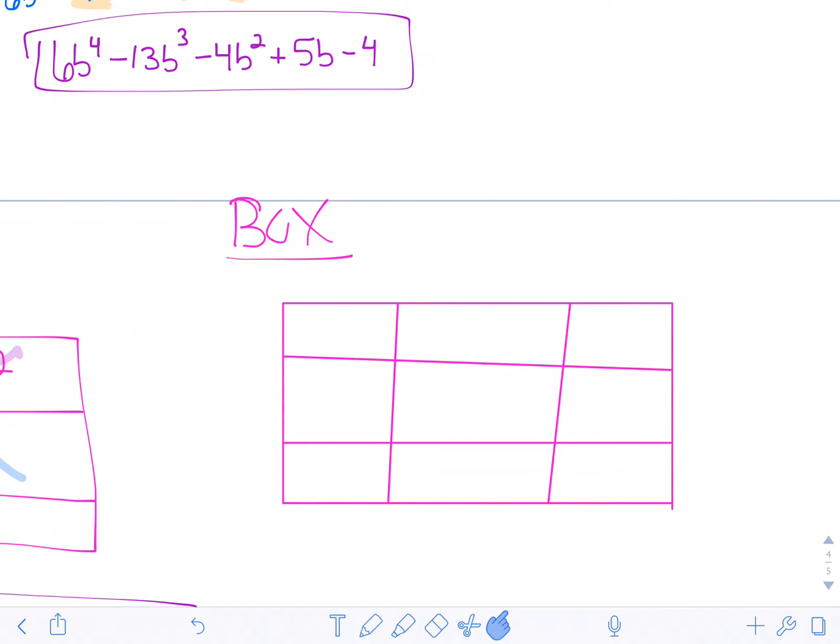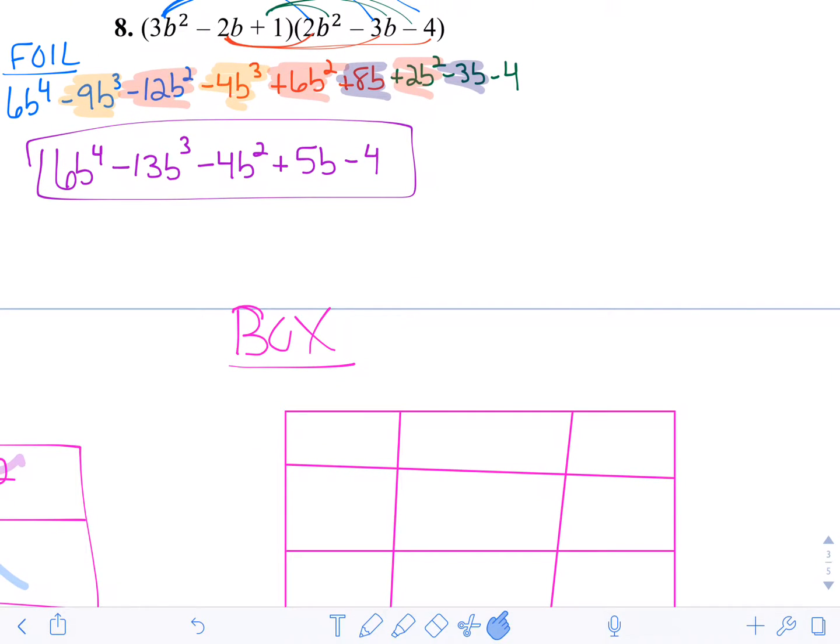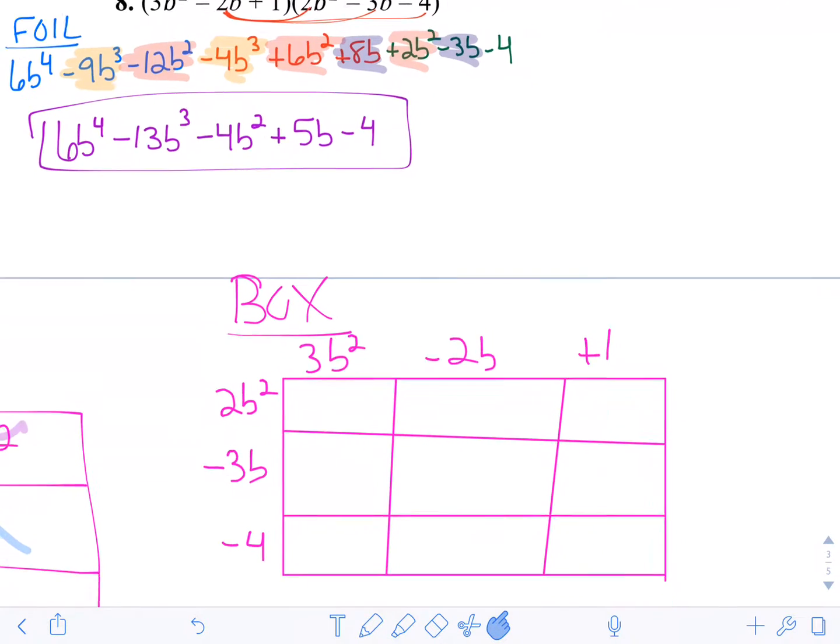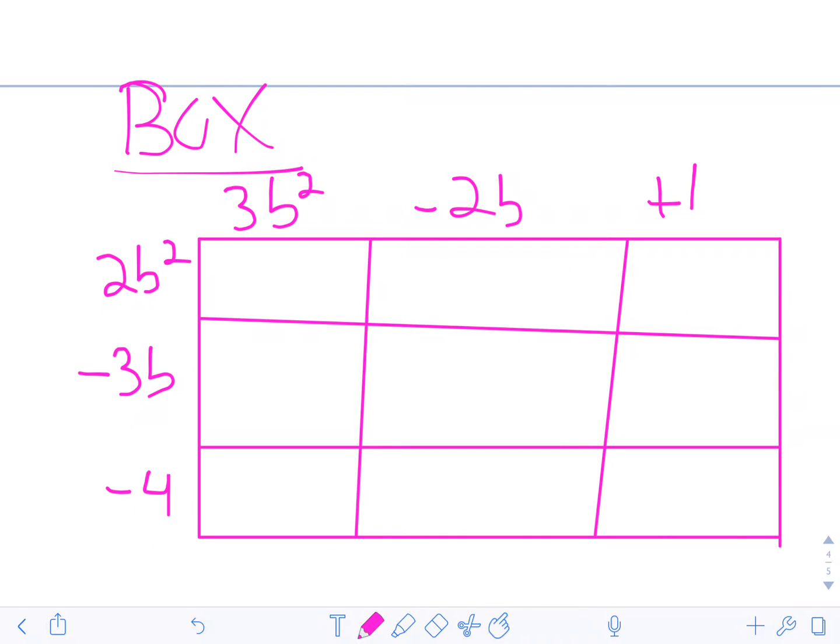Alright, so we have 3b squared minus 2b plus 1, and 2b squared minus 3b minus 4. So if you notice, it doesn't matter which one you put on top and which one you put on the side for your trinomials, you'll get the same answer.